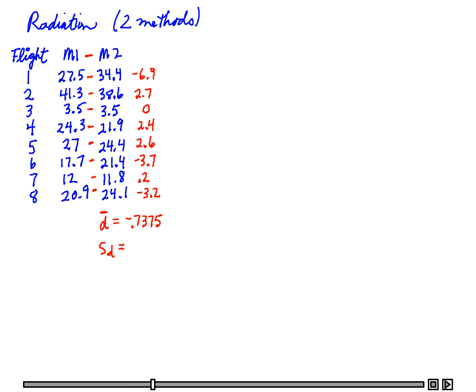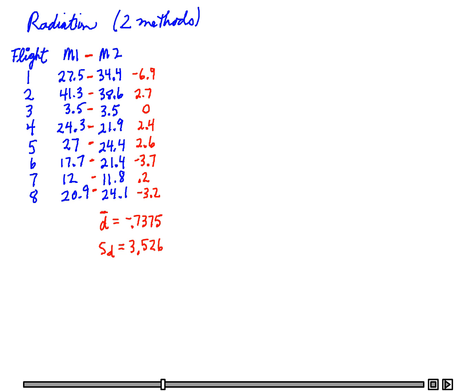And I'm going to also calculate the standard deviation, which I'm going to call S sub D. Although I can do this by hand, I'm going to go ahead and use my calculator to get the standard deviation. And this turns out to be 3.526.